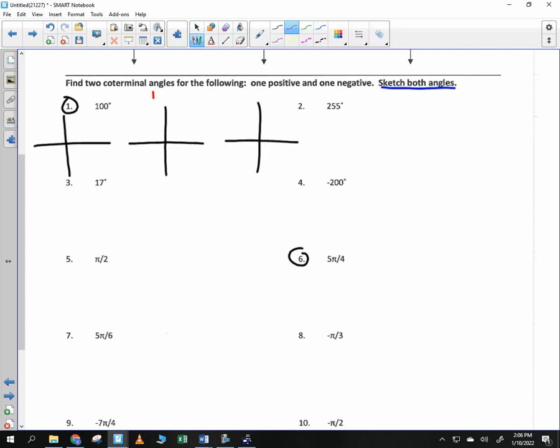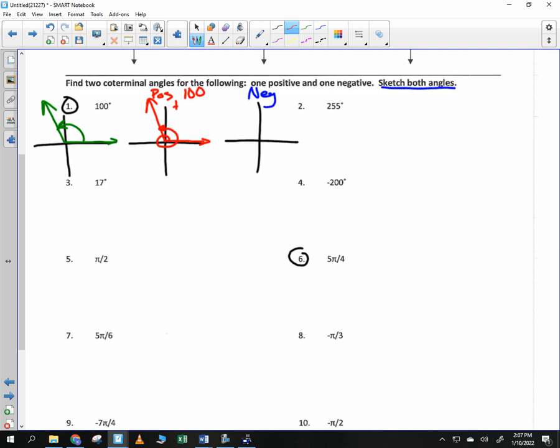I'm going to start by drawing 100 degrees. I would like to find another angle that is coterminal with 100 degrees. So just go around once more. So I just take 100, and what do I do to 100?